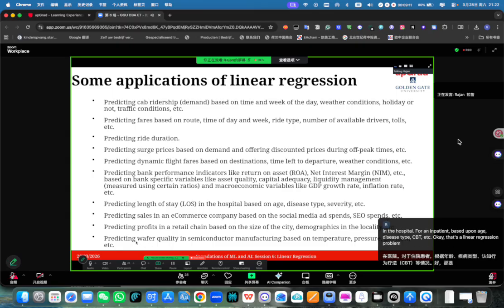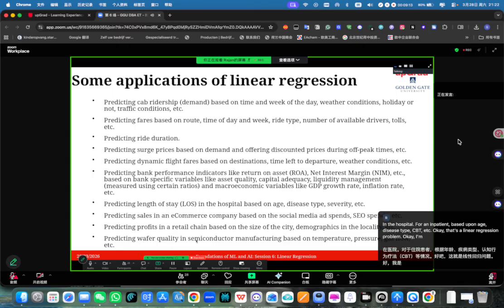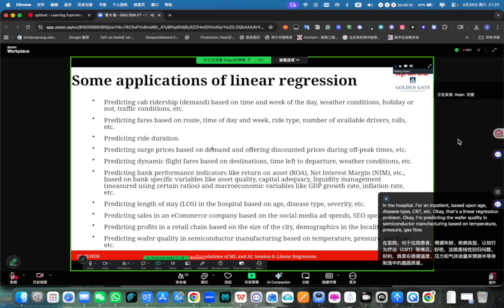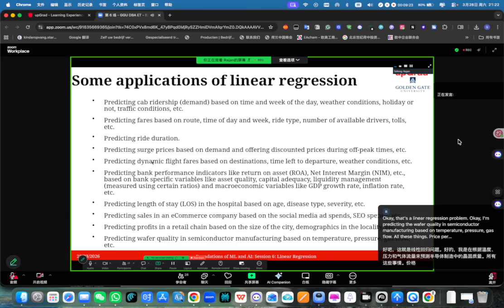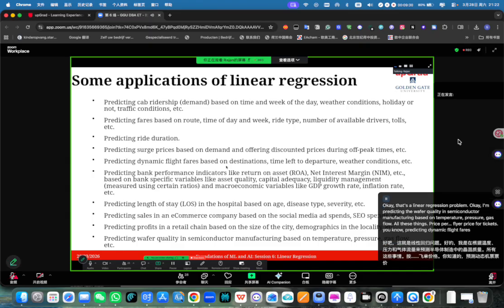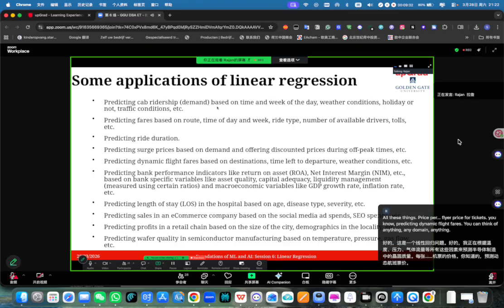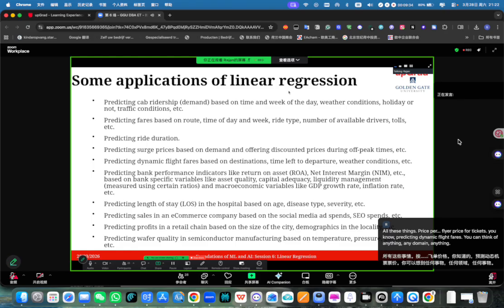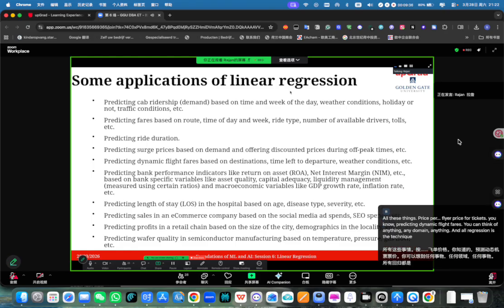Predicting wafer quality in semiconductor manufacturing based on temperature, pressure, gas flow. Price for tickets, predicting dynamic flight fares. You can think of any domain, and regression is the technique that you would be using.